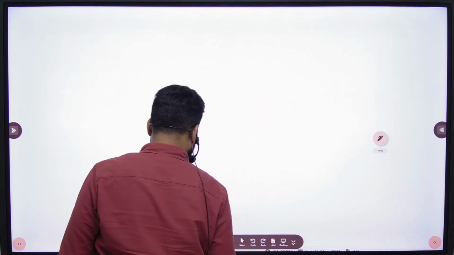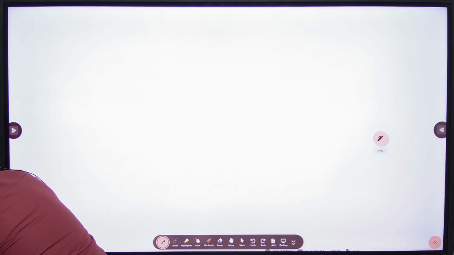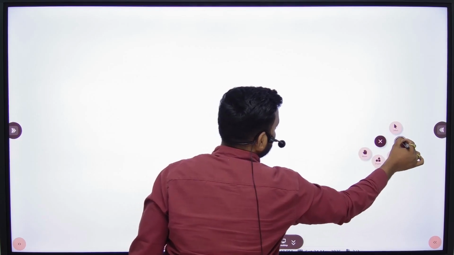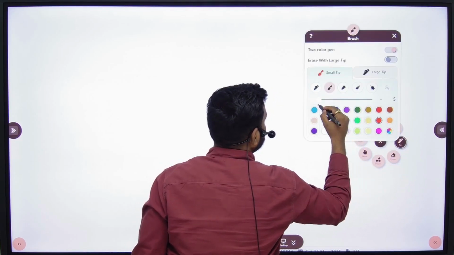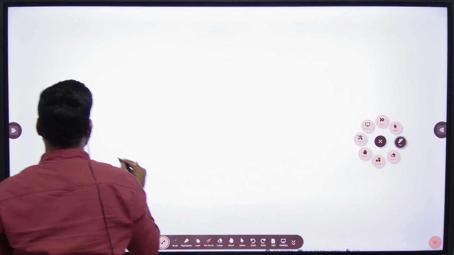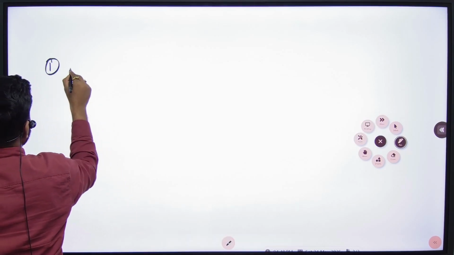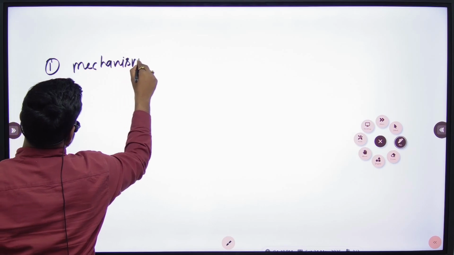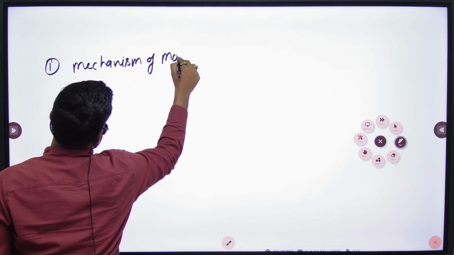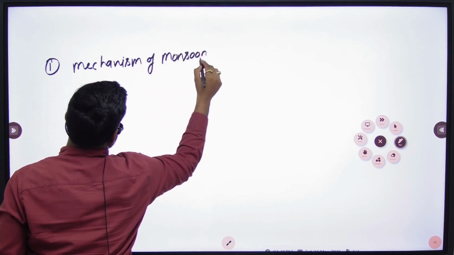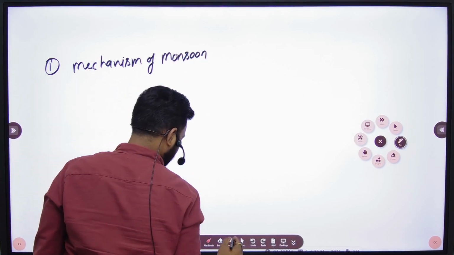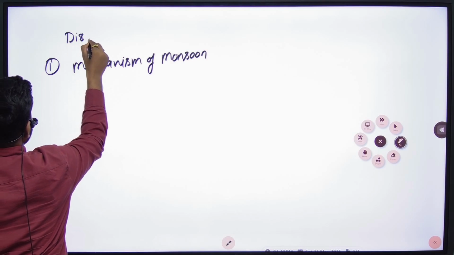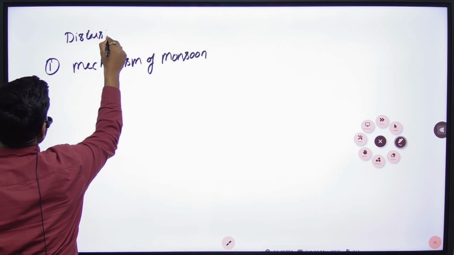Okay, so we are going to discuss this question and the strategy to approach it. What should our strategy be? We will first explain what is meant by the mechanism of monsoon, because in the first statement of the question, it says discuss the mechanism of monsoon.